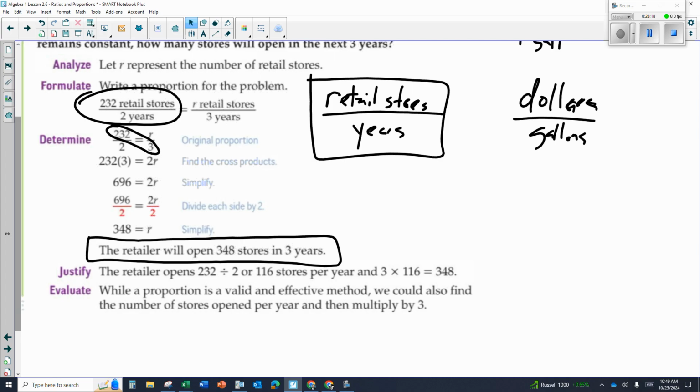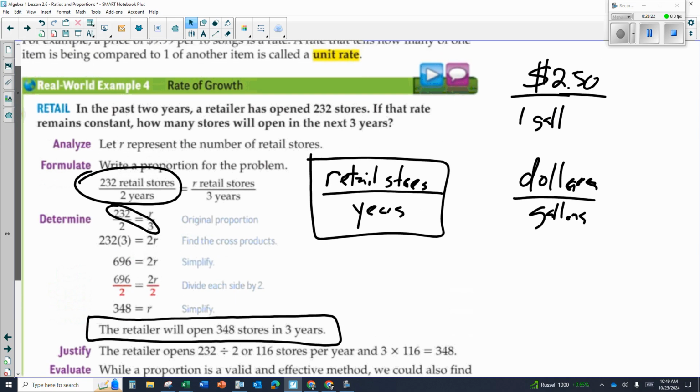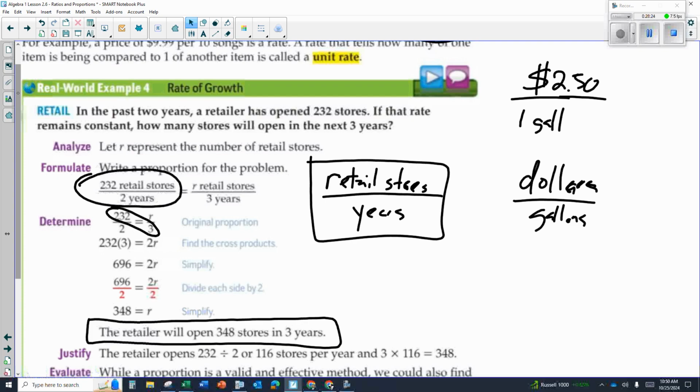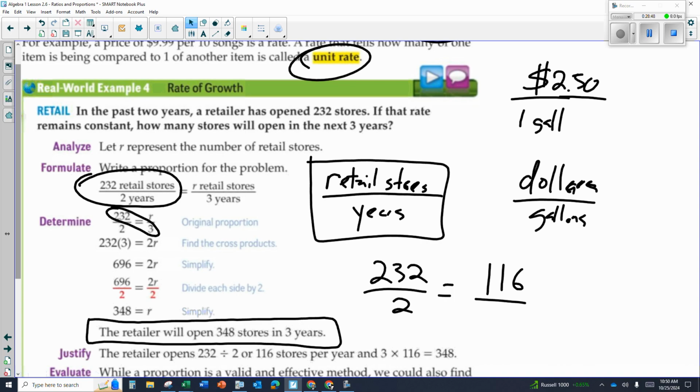The other thing you could do is actually find, well, if it was 232 in 2 years, what would that be in 1 year? Well, if we do that, that's actually going to find the unit rate, how much it is for every 1 unit in the denominator. So if it's 232 for 2 years, well, 232 divided by 2 is the same ratio as 116 divided by 1.